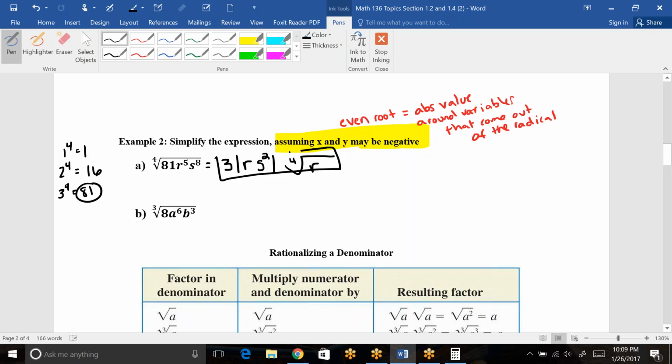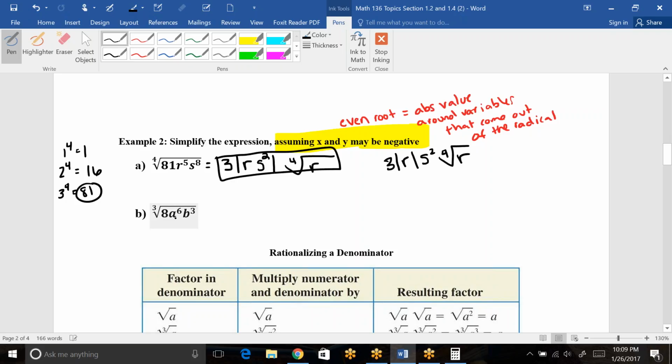Like if we were in a testing situation, WebAssign may want you to distinguish that the r must be forced to be positive, whereas s squared is already going to be positive. So they may do that. They may only put the absolute value on the r. And we don't put this case on the test where it's possibly that it's negative. So this is really just something that if you were going on to a much higher math class, you'd be a lot more concerned with some of these details.